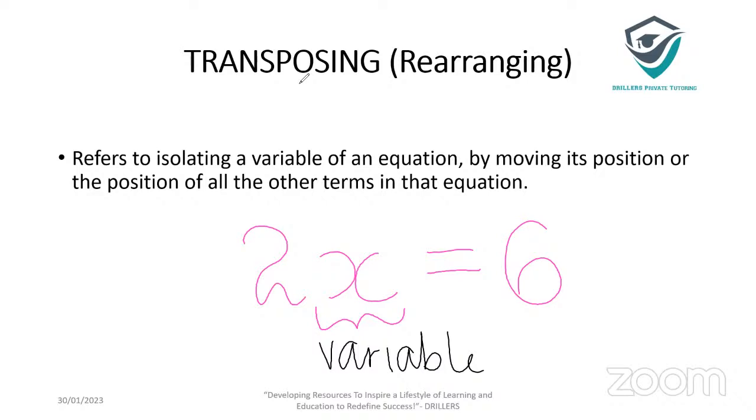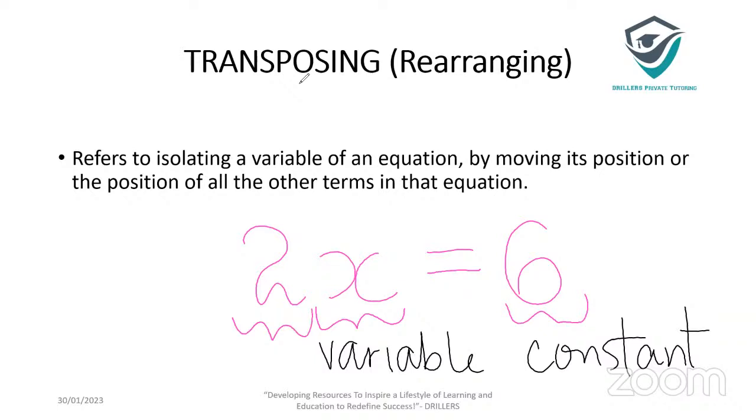Numbers by themselves are called constants. So there's 2 in front here.